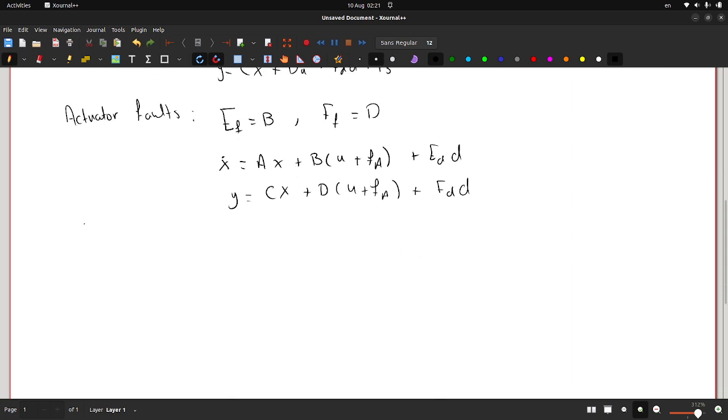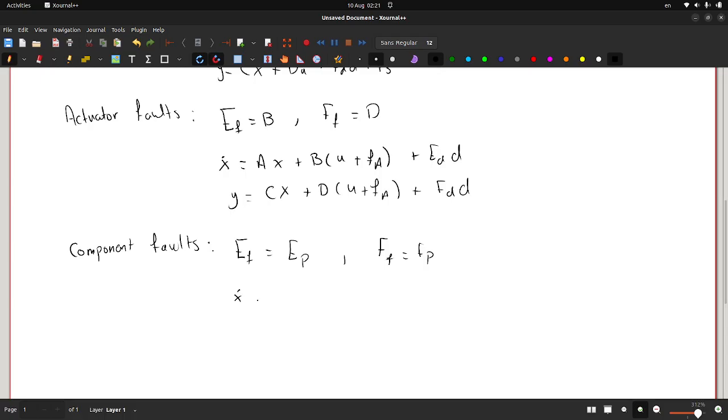Lastly, for the component faults, we can have E_F equal to E_P, which is just a matrix. We can model it as we want. And also F_F equals F_P.